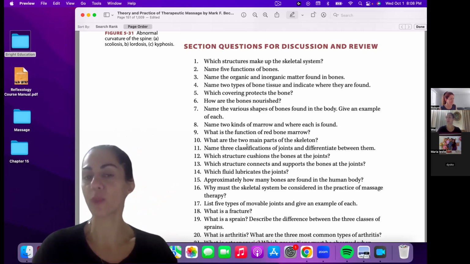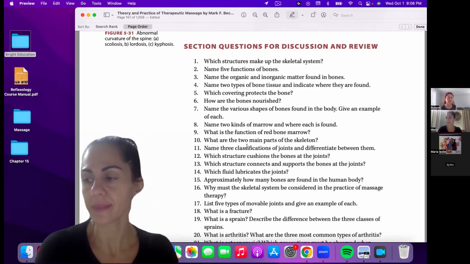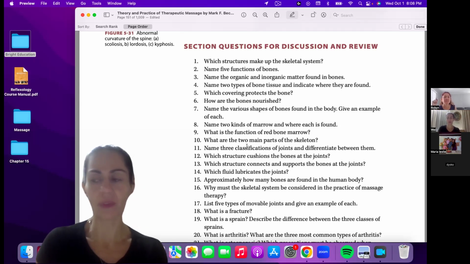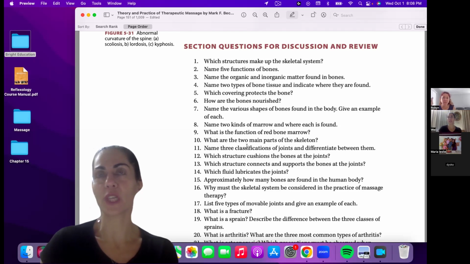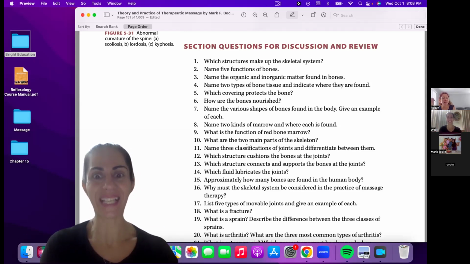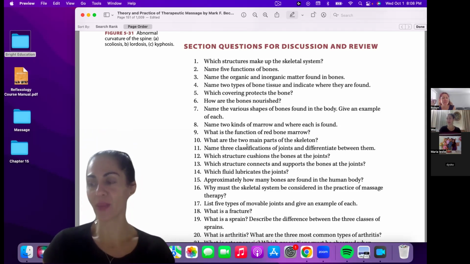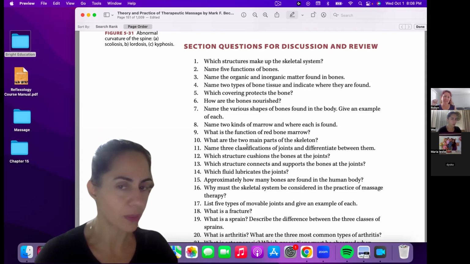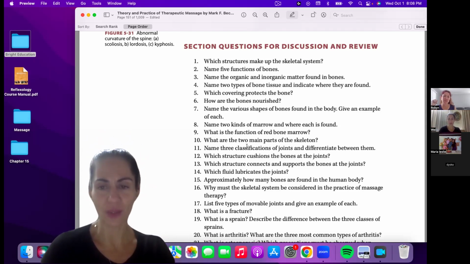Now, the partially movable. There's cartilaginous, that's what they could be made of, but first this classification is according to movement. Synarthrosis is the immovable one. Where do we find those?